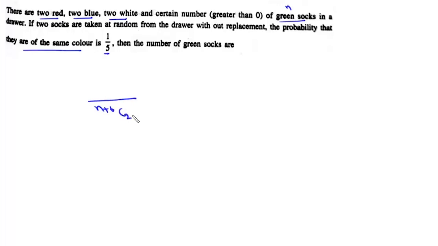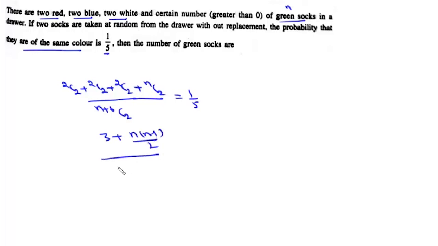Now favorable cases are when both of them are the same color, so it could be either 2 red, which is 2C2, or 2 blue, or 2 white, or 2 green, and this probability is 1 by 5. Now this is 3 plus n(n minus 1) by 2, and here it is (n plus 6)(n plus 5) divided by 2, and this is 1 by 5.